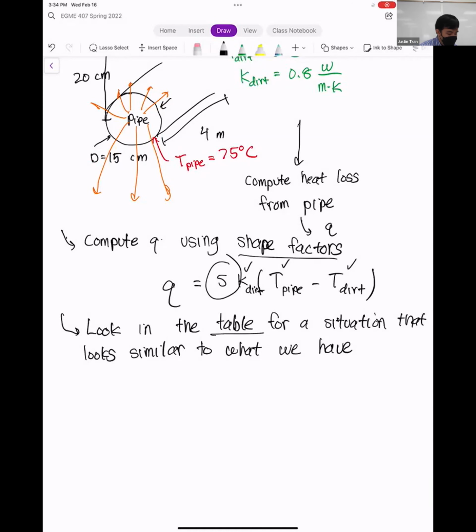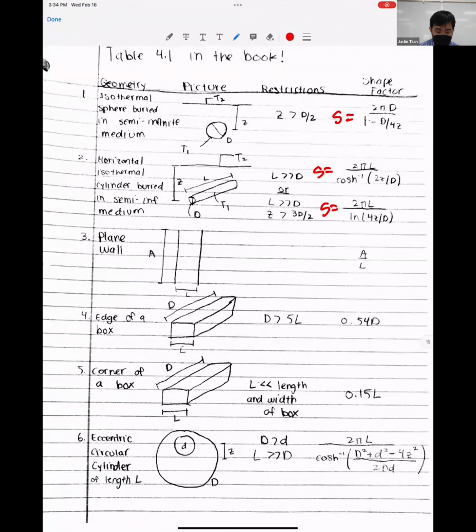You can either use the table in the notes. I wrote down a lot of the table in there, but that table is not the full table, so if you want the full table, you'll have to look in the textbook. Let me hop back to the notes so we can see. Let's look for an entry in this table that looks like the situation that we have.